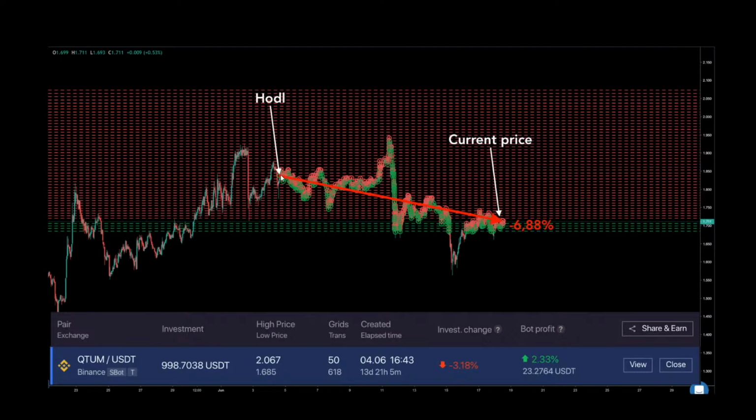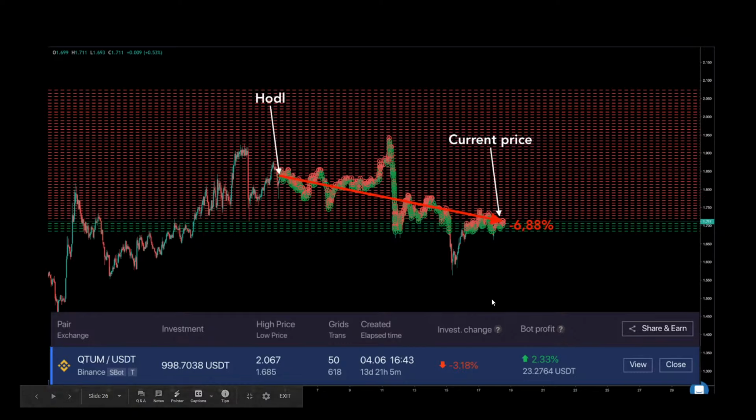Whereas if you had launched the bot instead of just holding the crypto, it would offset this downfall, because it would have traded for you during this downfall, and the profit generated would offset the total negative change of the base currency, and that's why you would have only minus 3% compared with minus 6.88%.